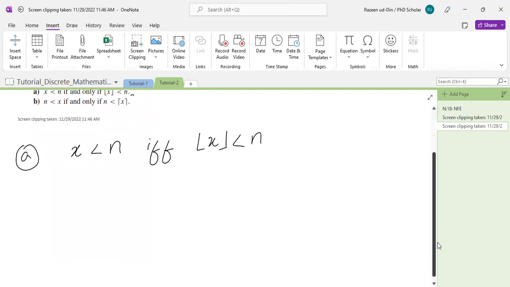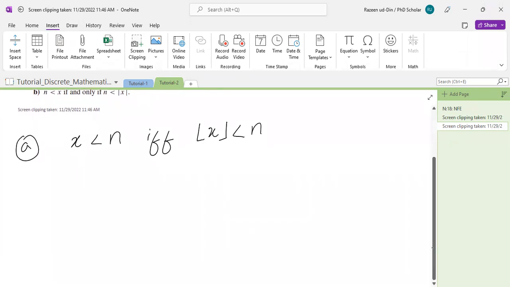Now since the statement comes with the if and only if, we have to prove it both ways.